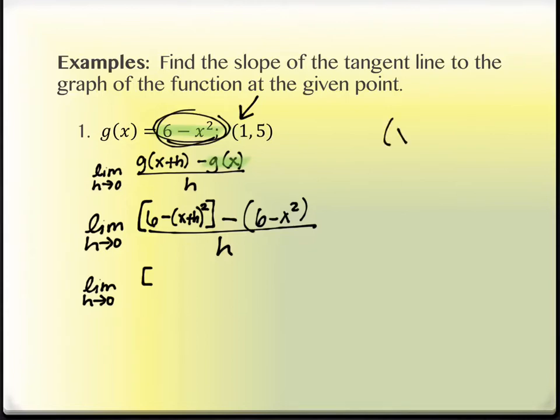When we do x plus h squared, it means that we have to do x plus h times x plus h, right? Should be ringing bells even if you were tempted to do it to begin with. It means you have to FOIL. So you have to do x squared, your first term. Your outer term is xh.